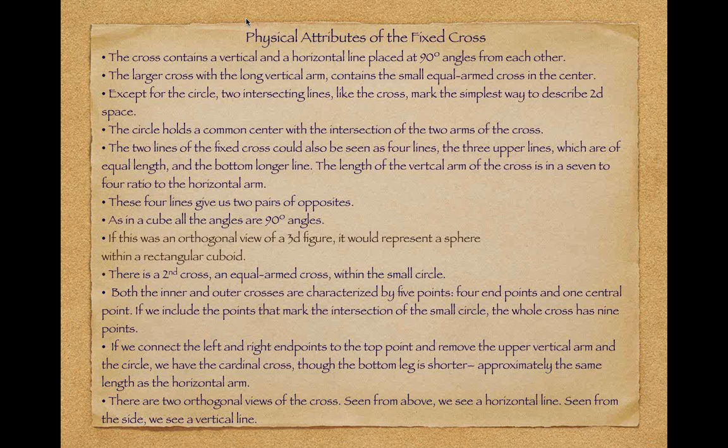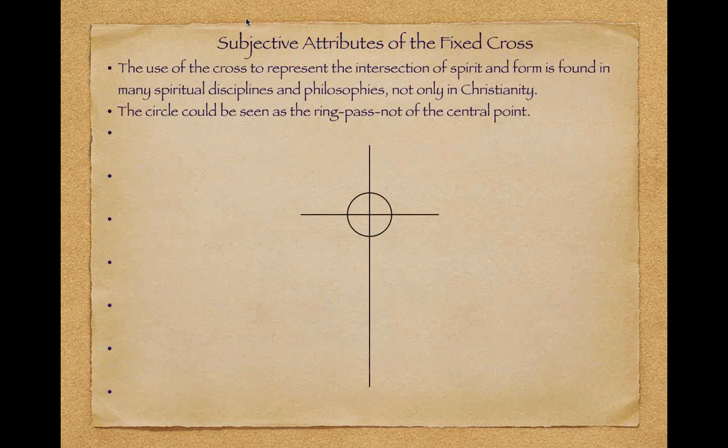So yeah, just peruse this list and see if anything jumps out in terms of meaning. If we had time, we could literally go down every point on this list and derive a physical meaning from it. Here's a couple of examples. The use of the cross to represent the intersection of spirit and form is found in many spiritual disciplines and philosophies, not only in Christianity.